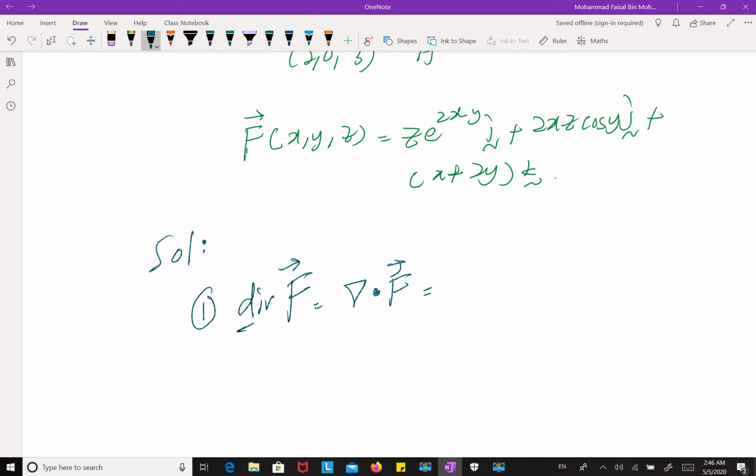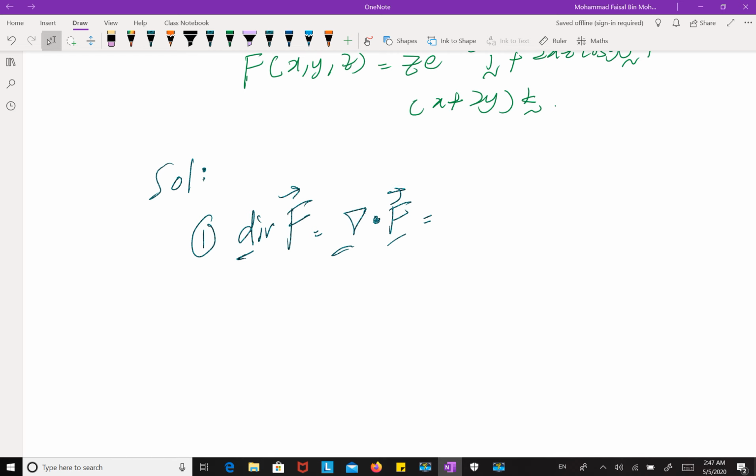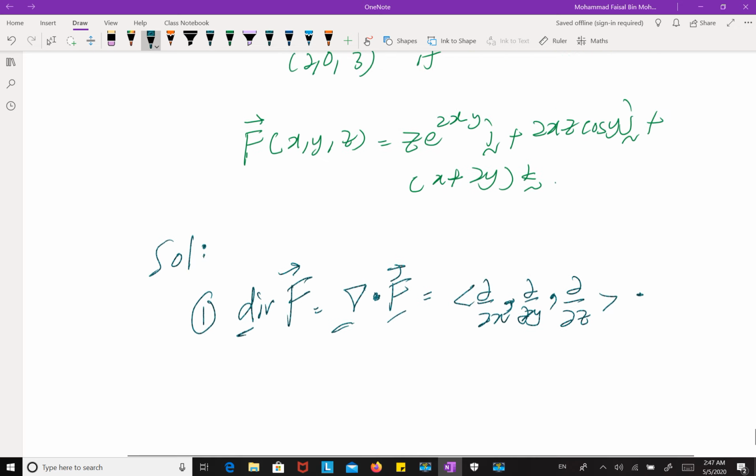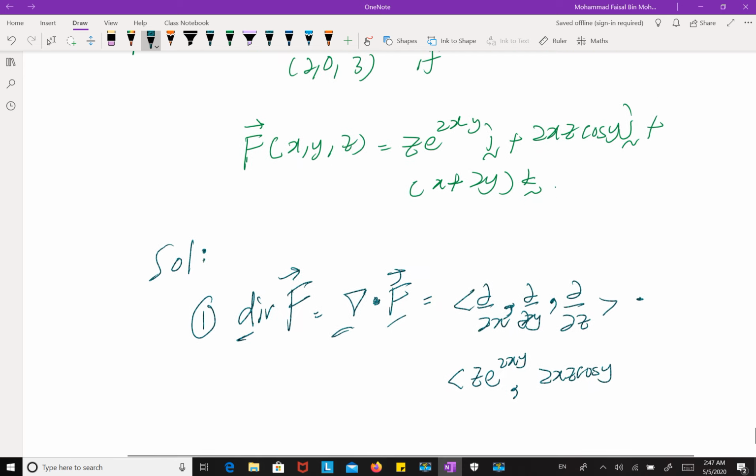It will become a scalar because it is a vector dotted with a vector. So del dot F will be del over del x, del over del y, del over del z dotted with this function: z e to the power of 2xy, 2xz cos y, x plus 2y, just copied from the question.